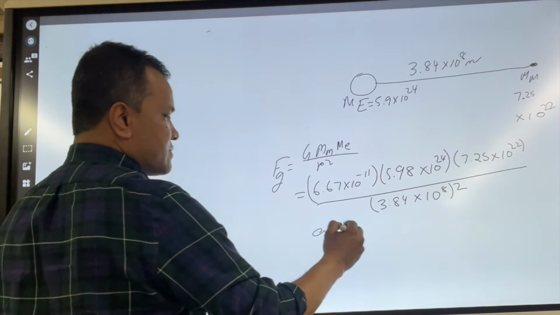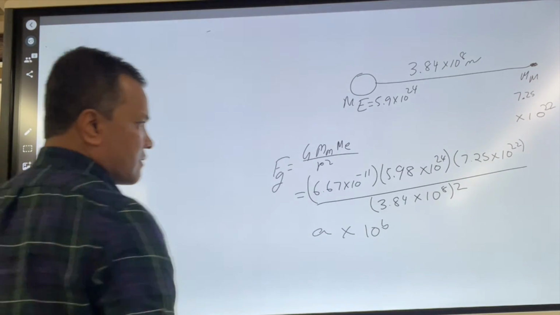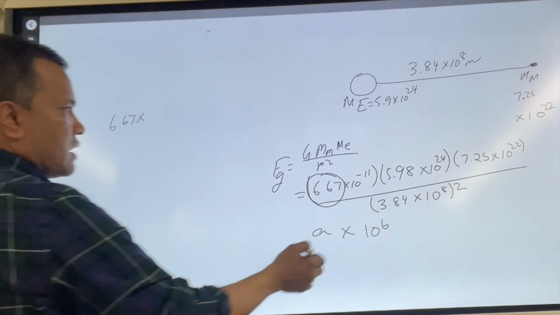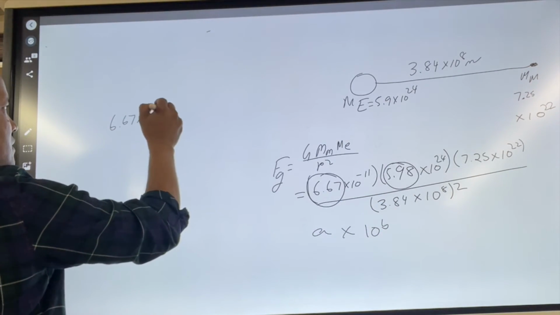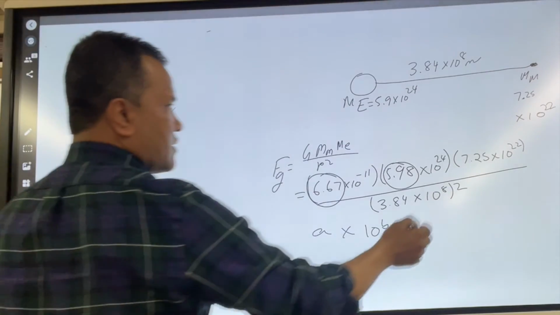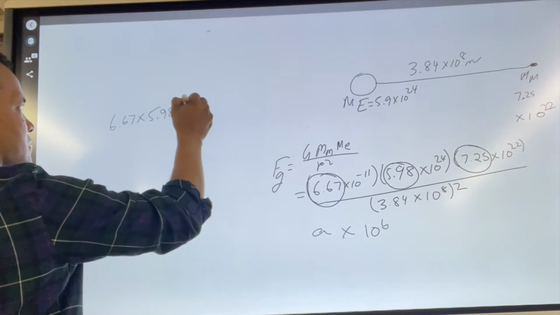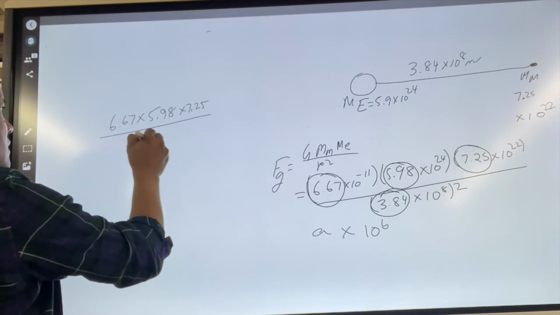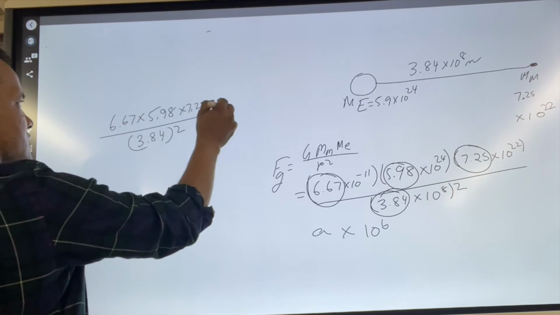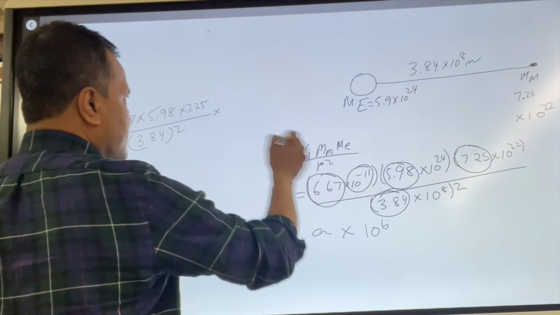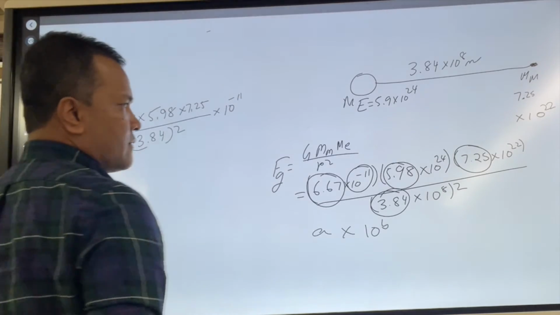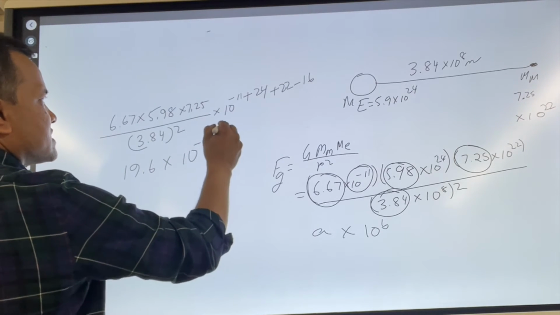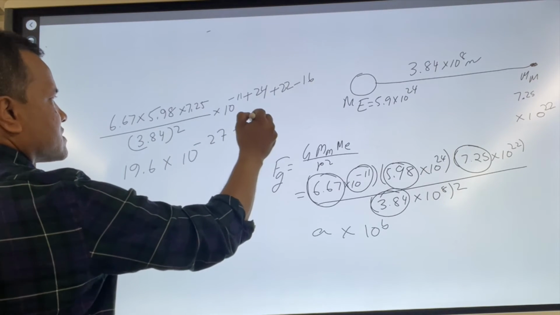So again, A times 10 raised to B. Okay, so what are your A? A is 6.67 times 5.98, and then you have 7.25, and then you have 3.84, times 10 raised to -11, positive 24, and 10 raised to -27 plus 6, 4.